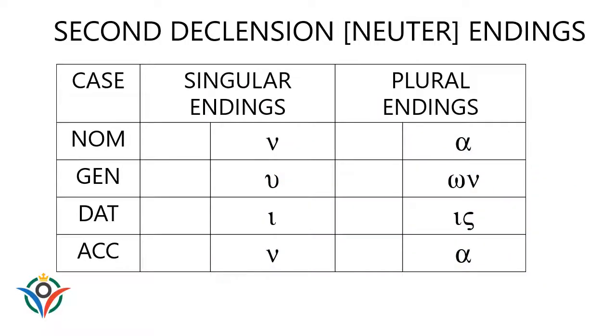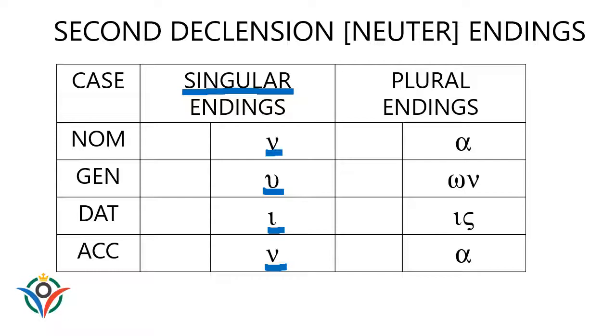Now that we have looked at the articles, let me introduce you to the second declension neuter endings. These are the true endings before they are attached to a stem with connecting vowels. So the singular endings, beginning with the nominative, is nu, the genitive is upsilon, dative is iota, and accusative is nu.